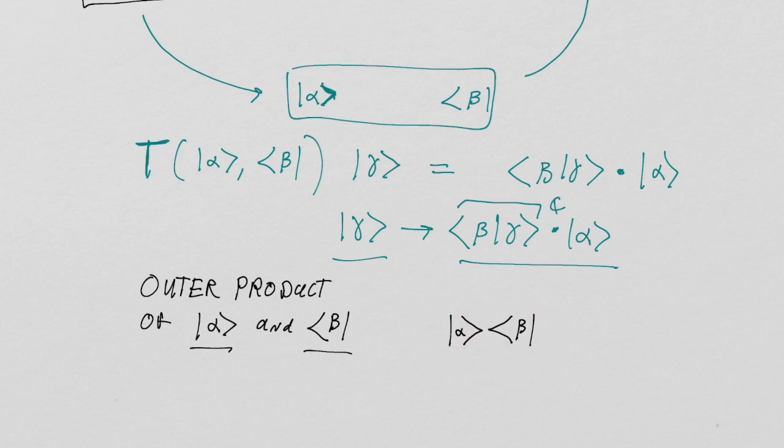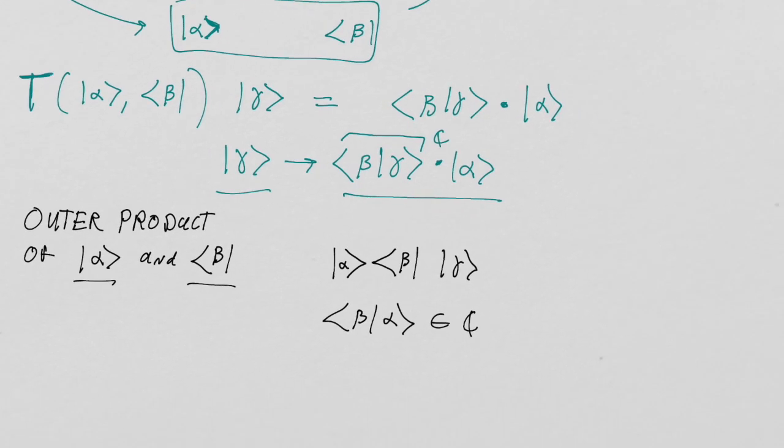It's kind of oddly convenient, because we're so used to putting the bra on the left and the ket on the right. The difference is this is a complex number, and this is an operator, right? And the way we apply this operator is we apply it to an arbitrary ket, gamma, and you can see we use our beautiful notation here, right?